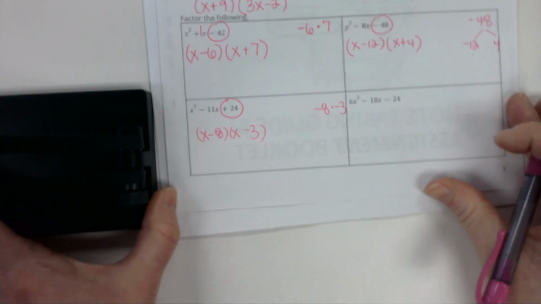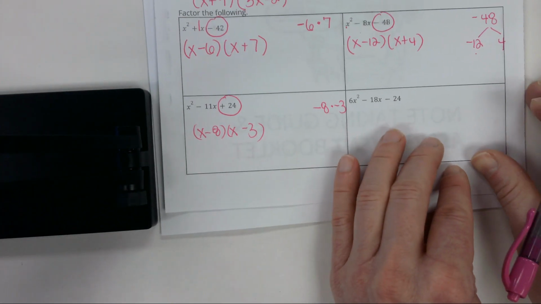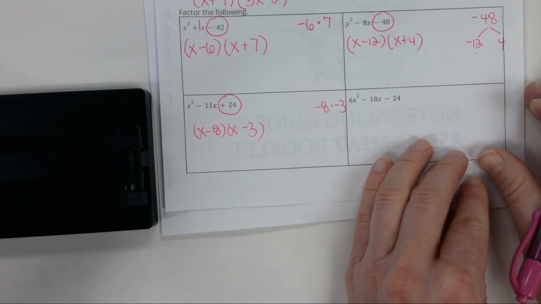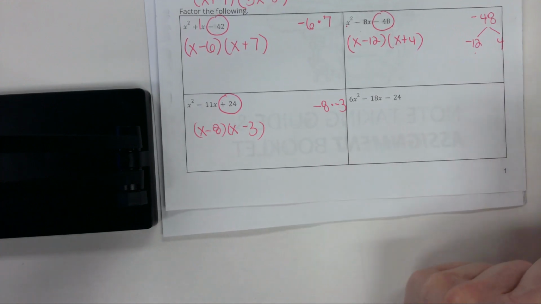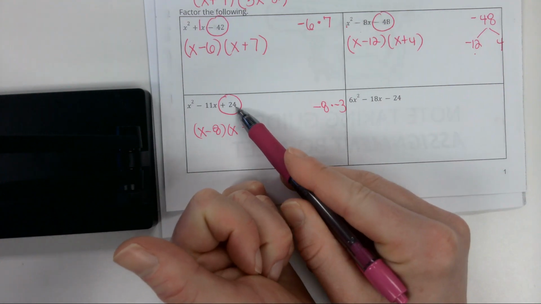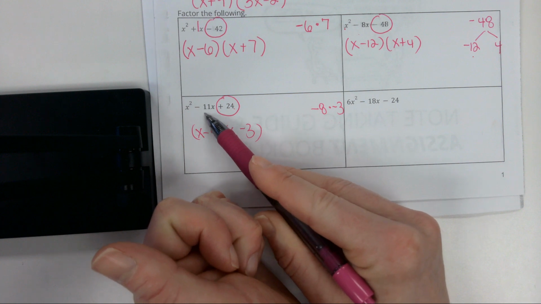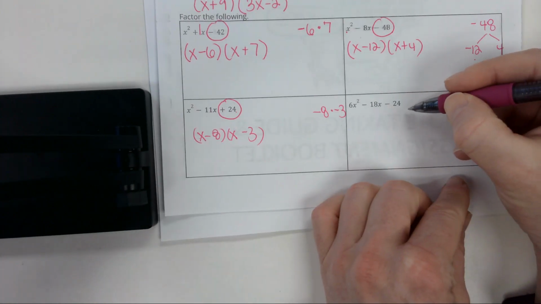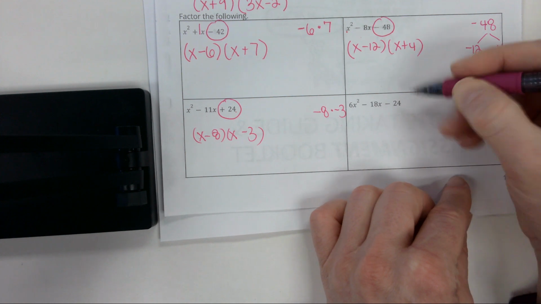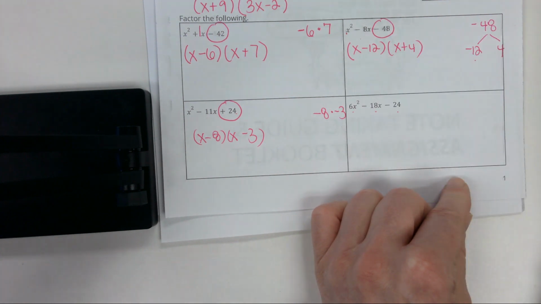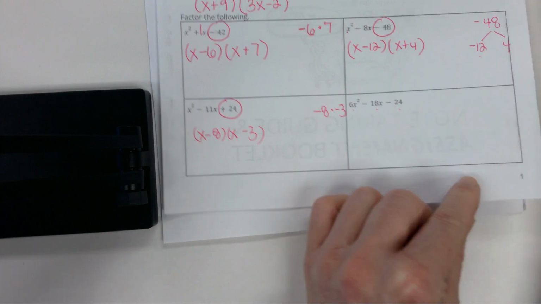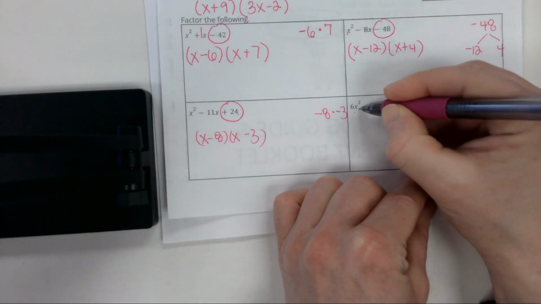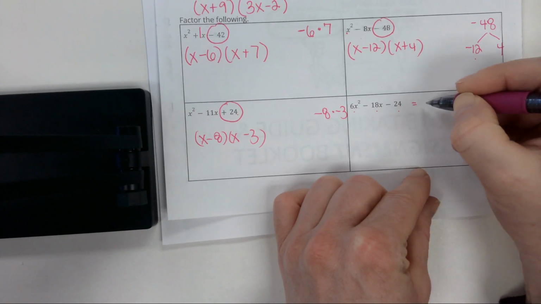And at first, on the last one, you might think you need to use a box. They have to multiply to be 24, add up to be negative 11. You might think you need to do a box here, but you can actually take something out of these first. 6. You can't take an x squared out because there's not one there. I'm going to take the 6 out.